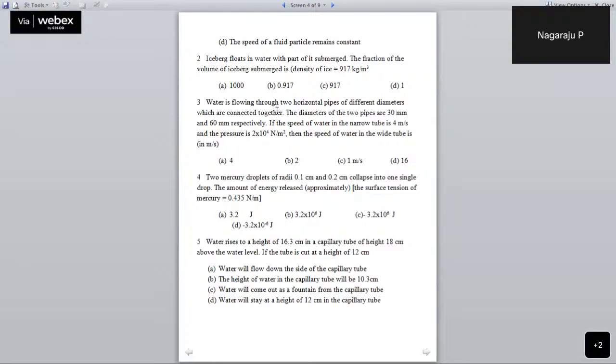And on simplification, you get minus 3.2 into 10 raised to minus 6 joule. One thing is you have to convert from centimeter to meter. The surface tension, fortunately, is given in Newton per meter.